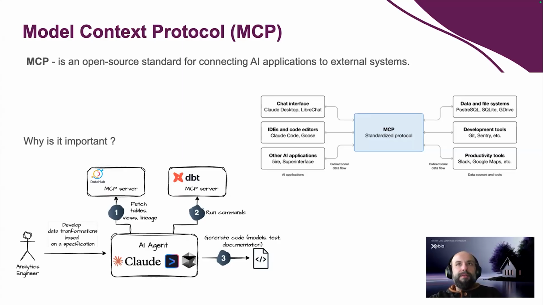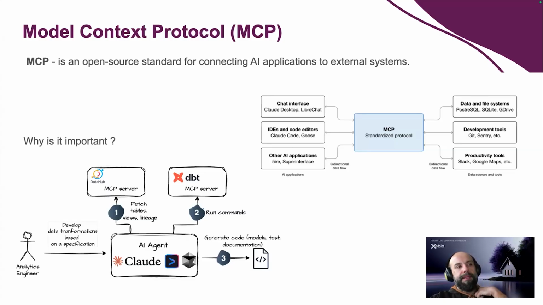And then, the second thing, you need to make them use your standard tooling. For example, in the case of analytics engineering, it can be dbt. If you have these two things in place, then you can just prepare a specification for your transformation and connect these two MCP servers to your AI engine configuration.